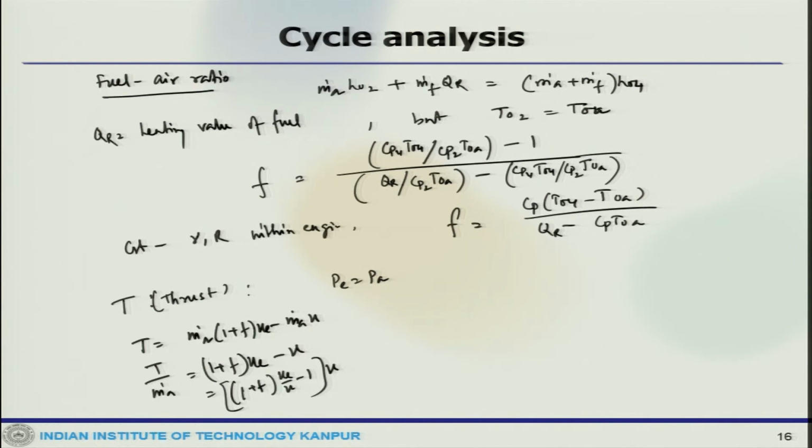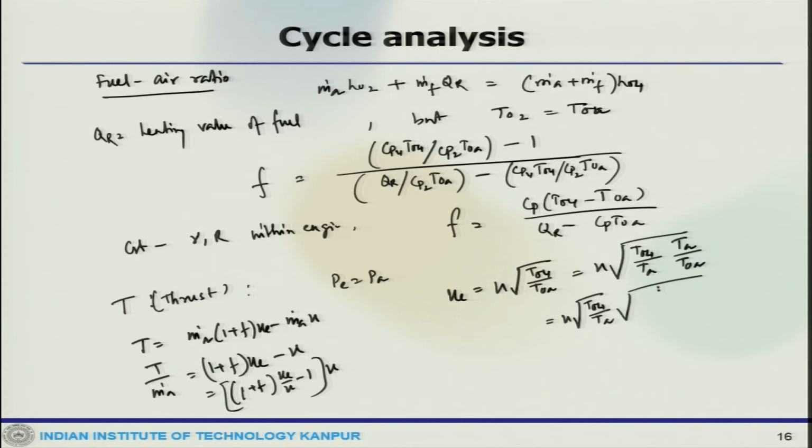Now, we can use another relationship, which is u E by u is the square root of T naught 4 by T naught A, which is u times the square root of T naught 4 by T A, times 1 over the square root of 1 plus gamma minus 1 by 2 M square.